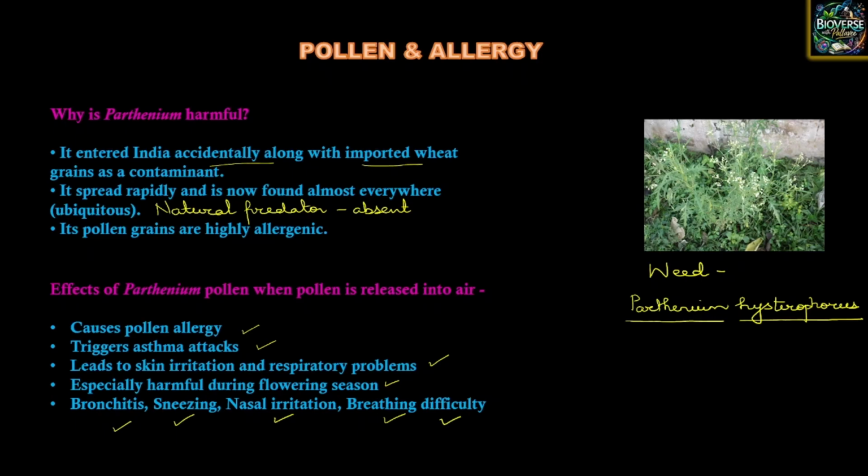So we need to be very much aware and we should be wearing the mask. If you are having very susceptible kind of immunity, then we should be avoiding places where a lot of flowering is going on during the flowering season, or the best way to avoid is wearing of the mask.